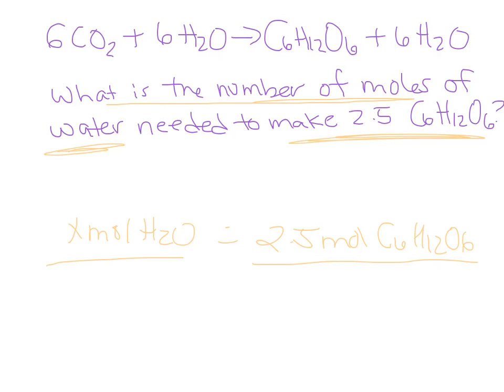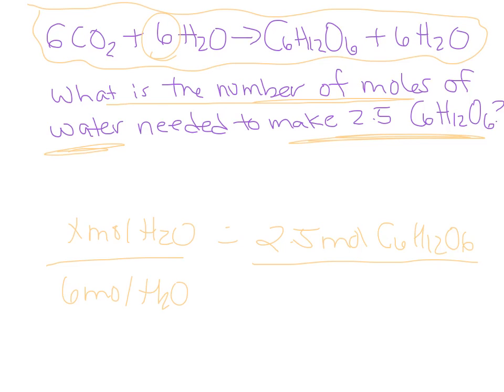And then the rest of the information always comes from this balanced equation. So we have 6 moles of water, and we have 1 mole of glucose. And then cross multiply. So you're just doing 6 times 2.5, and we get 15 moles of water as our final answer.